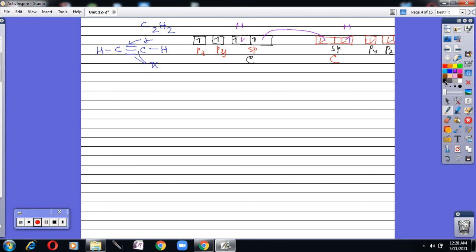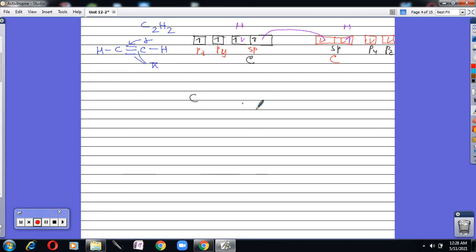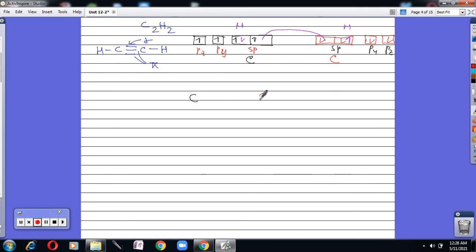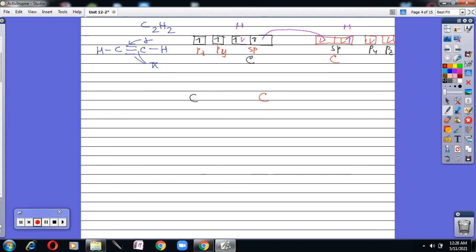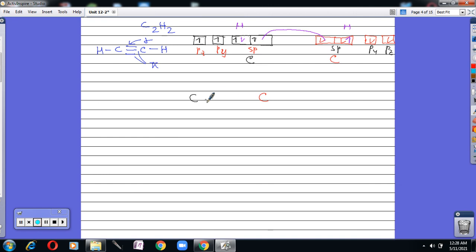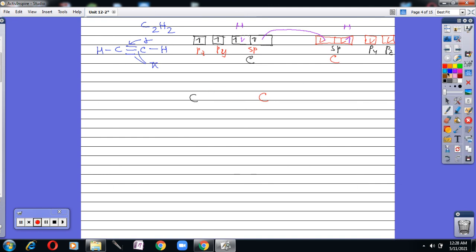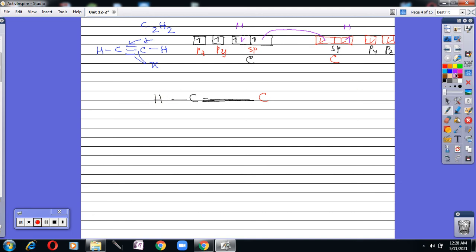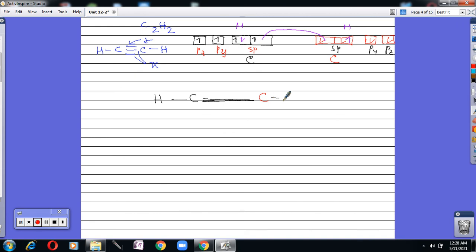So what we have seen, there is black carbon, red carbon here. One of our bonds is formed, it's a black bond, and this carbon also has made one hydrogen bond here, right?